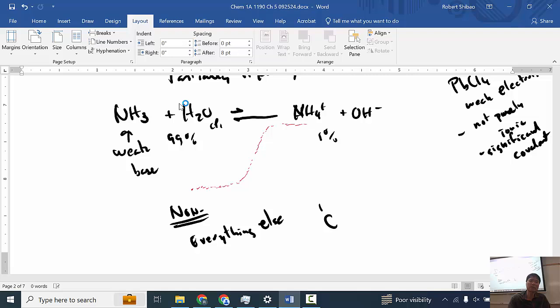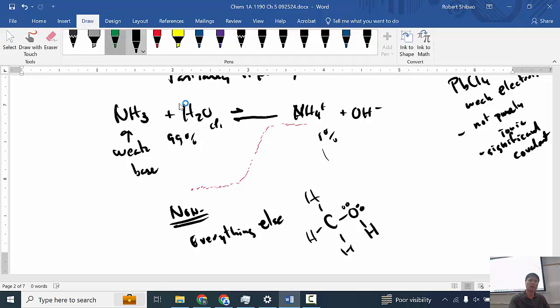So, for example, this one, what is this called? Methanol. Methanol is a non-electrolyte. It does not dissociate, and it doesn't dissociate because this is a covalent bond, not ionic.